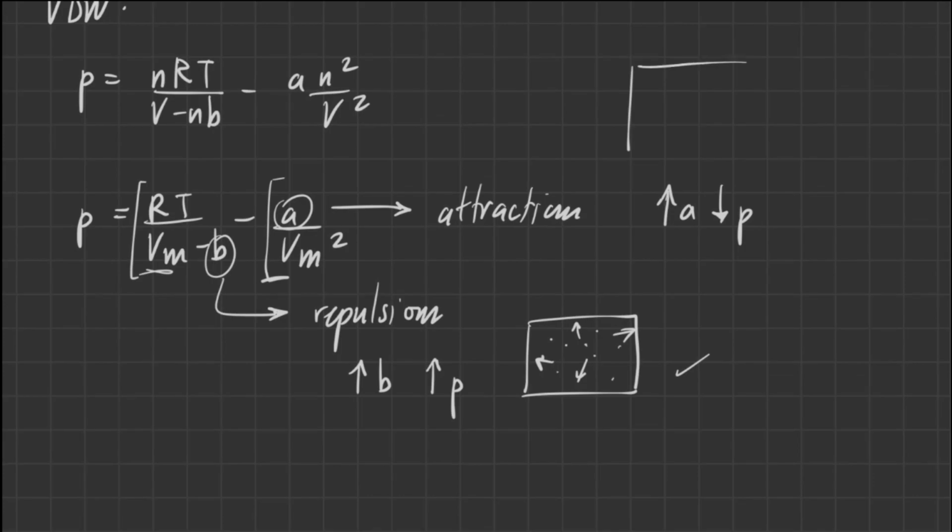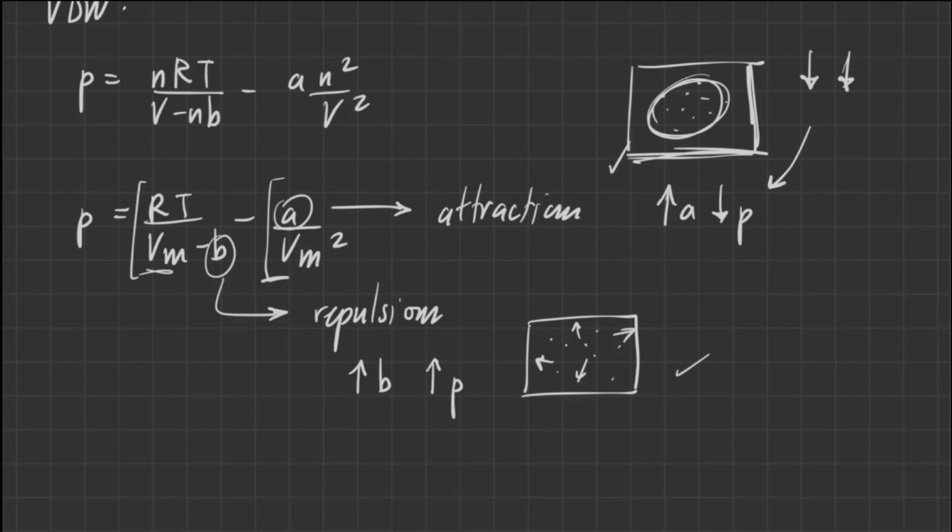This makes sense when you think about the gas molecules and how, if they're attracted, they are going to impact the walls of the container at a lower frequency and at a lower force, which results in a lower pressure. So these relationships make sense.